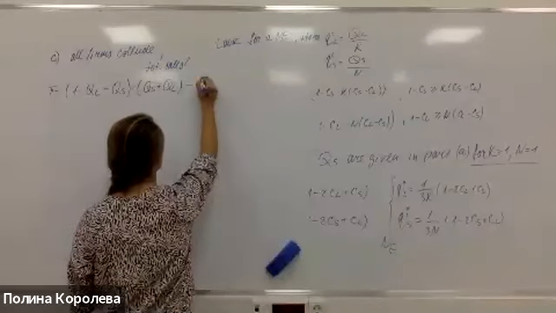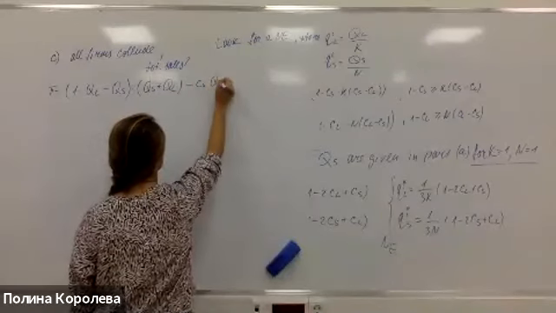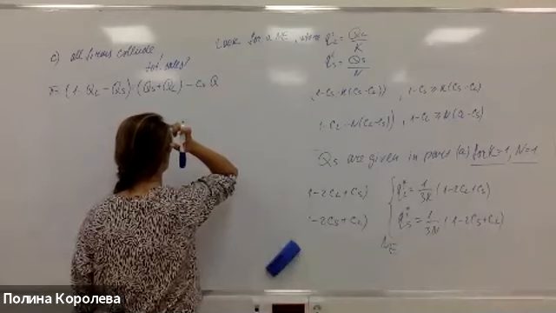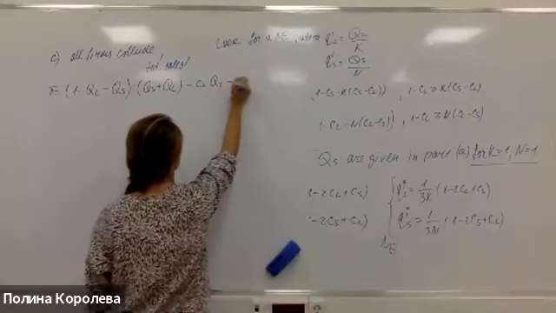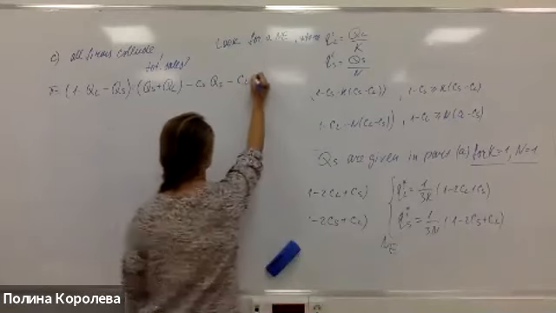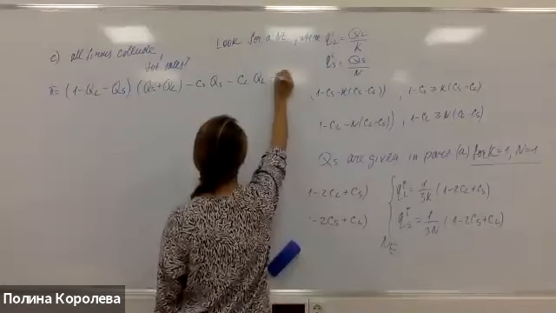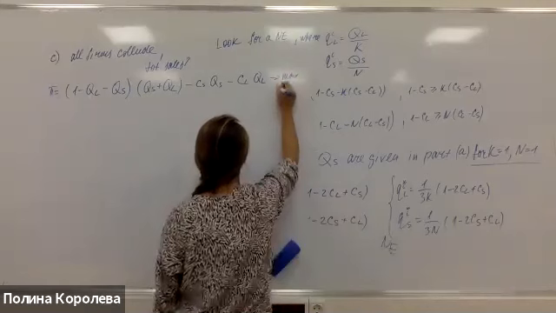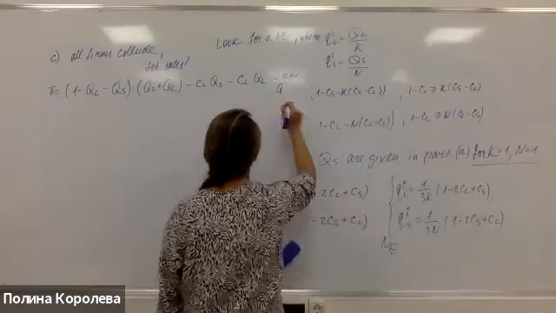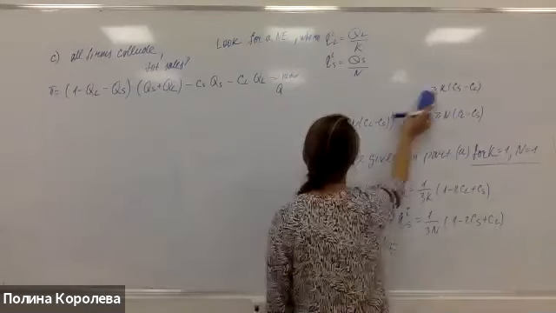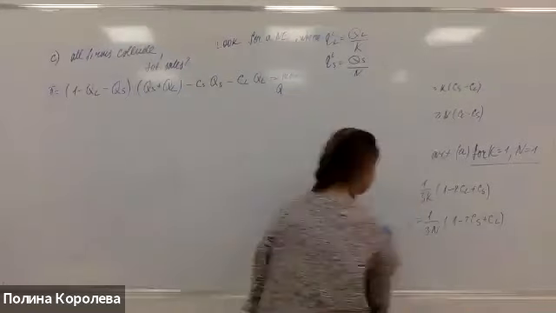Costs from small firms, CS multiplied by total sales of small firms, minus CL multiplied by quantity from large firms. And this we should maximize by quantities from small and large firms.